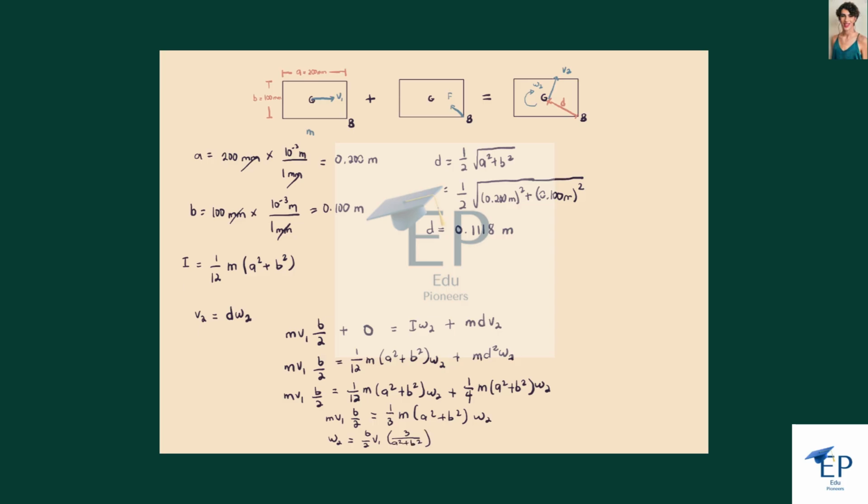Simplifying that, we get omega 2 equals 3 v1 b over 2 times a squared plus b squared. Let's have this as our equation 1, the expression for omega 2.